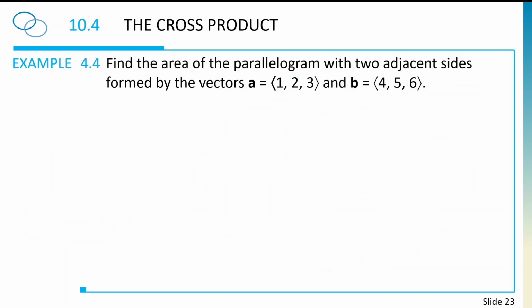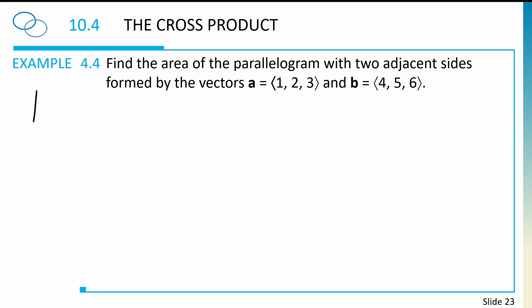Now see the next example. What do we have here? We need to find the area of the parallelogram with two adjacent sides formed by the vectors A and B. They give me the two vectors and they need us to find the area. Let's see, what do we know now?